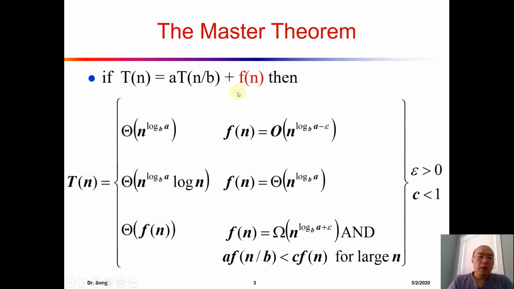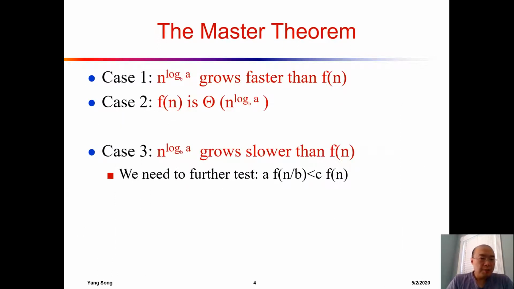Depending on f(n) and n to the log_b a, we have three cases. To translate that into easier versions: in case 1, n to the log_b a grows faster than f(n). In case 2, f(n) is theta of n to the log_b a. In case 3, n to the log_b a grows slower than f(n).